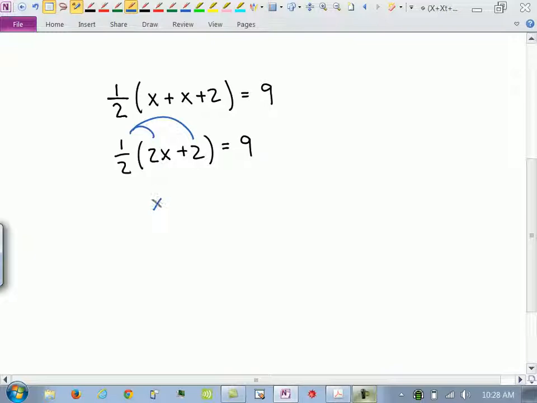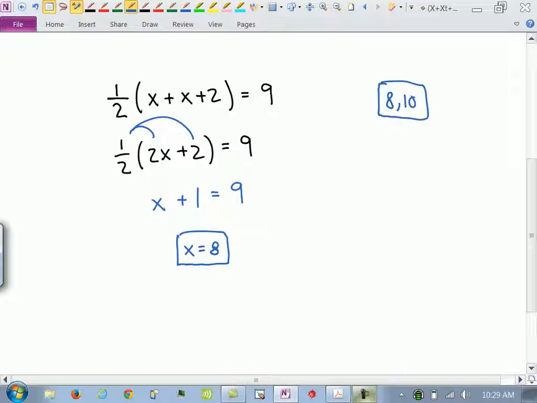So that's just an x. What's half of 2 again? 1 equals 9. And then I subtract 1 on both sides. And x is 8. If x is 8, then what's the next consecutive even integer after that? 10. So 8 and 10 should be my answers.